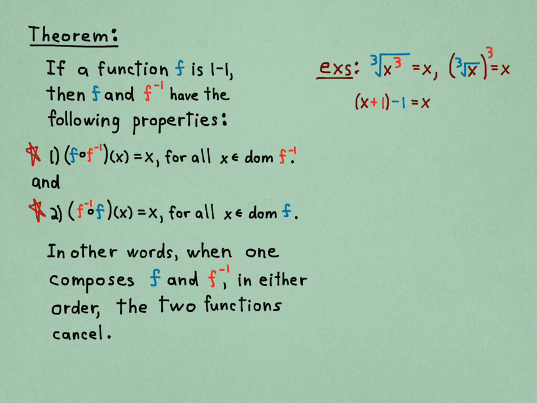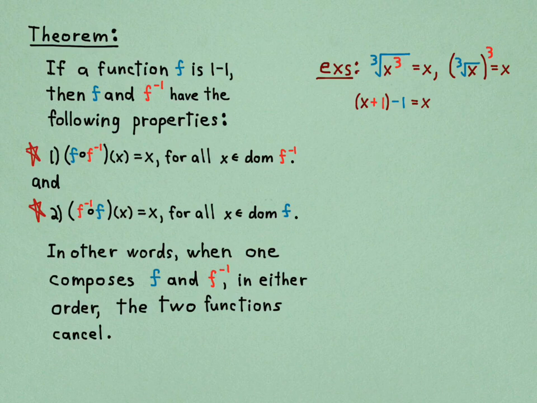So here's another one. x plus 1 minus 1 is x. That's just that, you add a number and subtract the same number, they cancel, right? That's all that is. So this is the add 1 function composed with the subtract 1 function, the inside function being the add 1 and the outside function being the subtract 1 function.